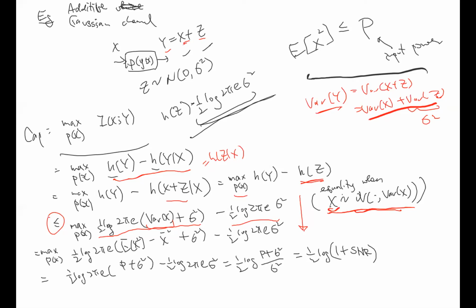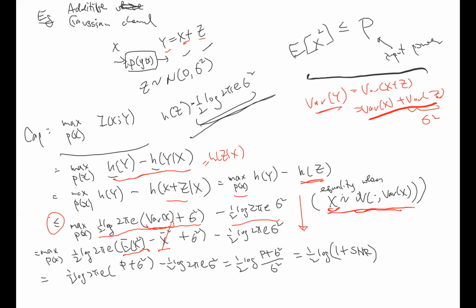Now the variance of X is equal to expectation of X squared minus X bar squared. This is a really common formula that should be on the top of your head. If X is zero mean, then this term will be gone, so this will be maximized.